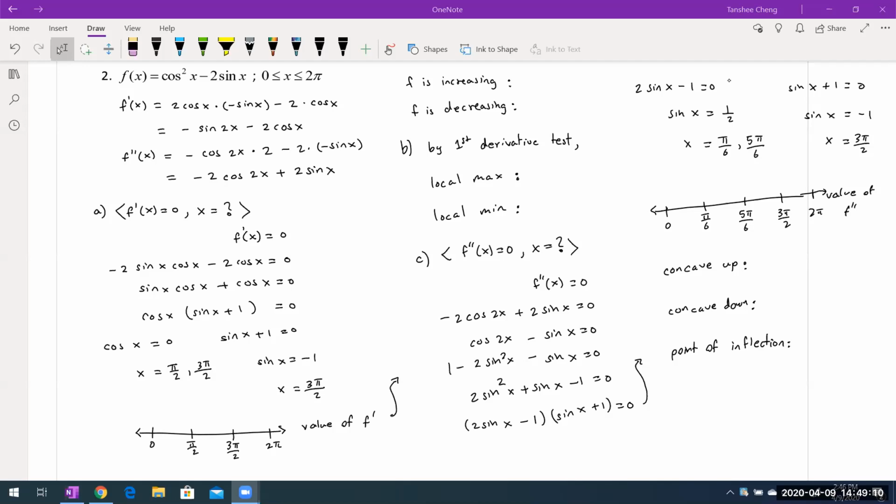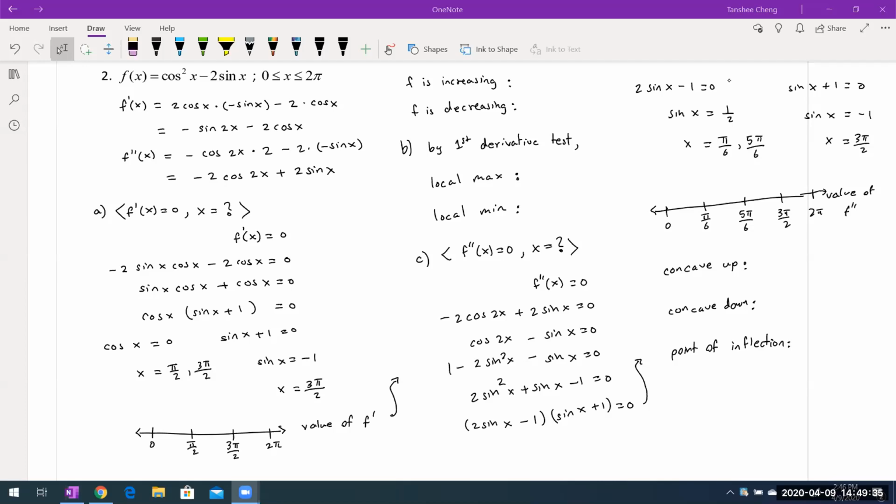And as in the previous example, if you want to talk about increasing and decreasing intervals, first I need to find out where my first derivative is equal to 0, so that I can use the real number line to test where my increasing and decreasing intervals are. So setting the first derivative equal to 0.